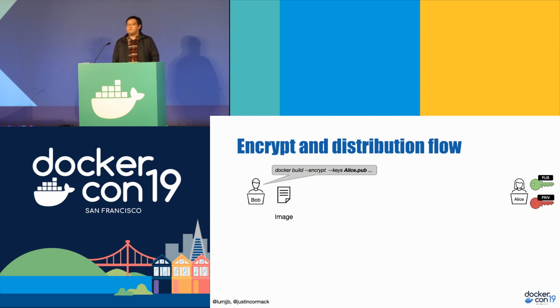In this case, Bob wants to send a message to Alice, and Bob has a Docker image ready over here. To some of you, what you're about to see in this flow will look very familiar, because it's very standard in terms of how encrypted messages are passed. If you're familiar with something like email encryption and OpenPGP protocols, this will look something like that.